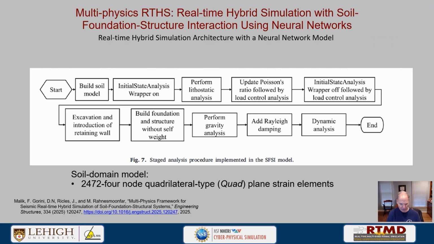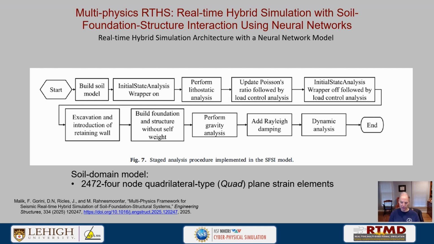So to obtain that training data, we first start with building the soil model. We then initiate a wrapper. This is a process in OpenSees to preserve a state in which we perform lithostatic analysis to get the overburden pressure initiated, in which we then update the Poisson ratio followed by a load controlled analysis. So the wrapper then is such that we have an initial state analysis in which the wrapper is turned off, and we do that load control analysis, where we're going to excavate, introduce the retaining walls, and build the foundation and the structure at alpha self weight.